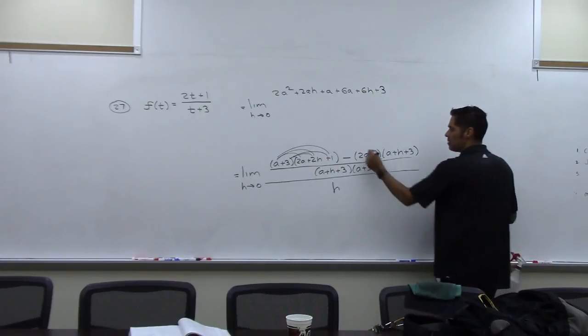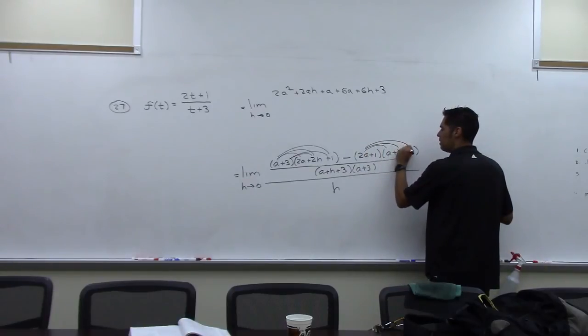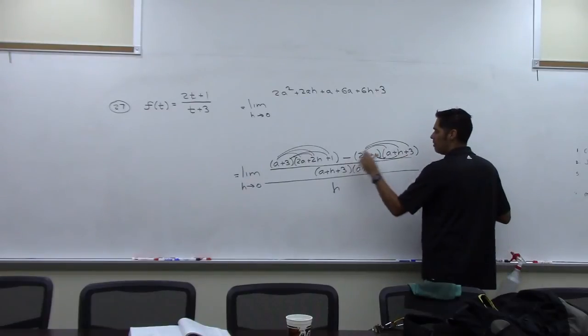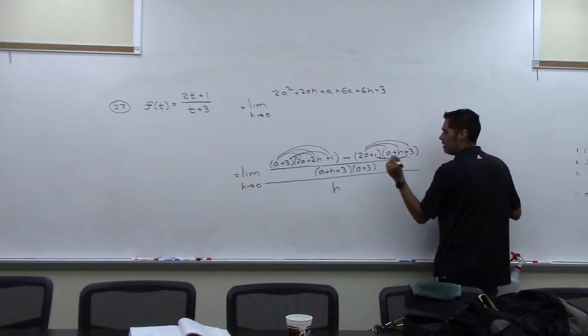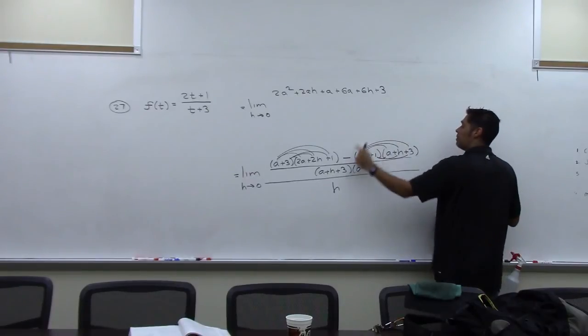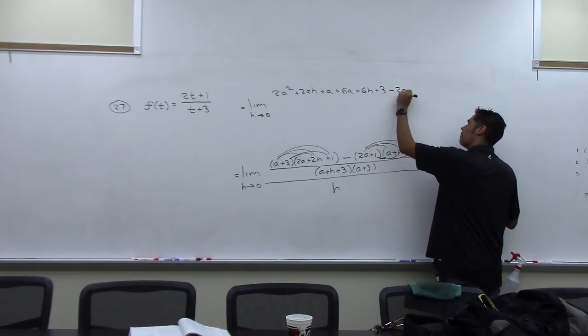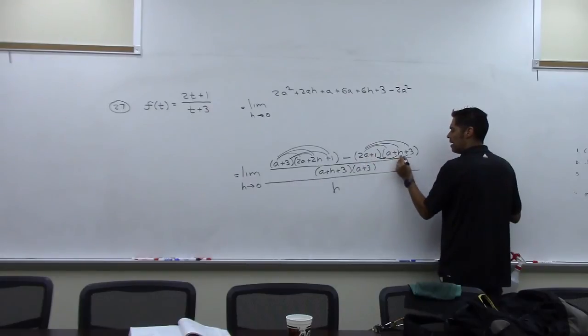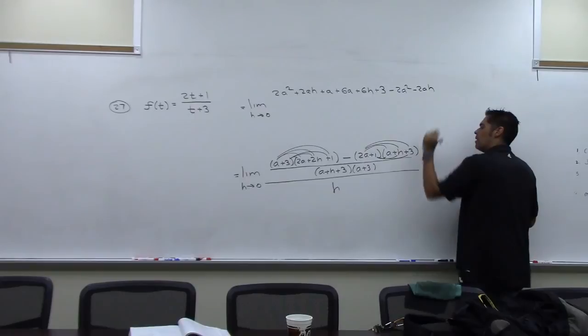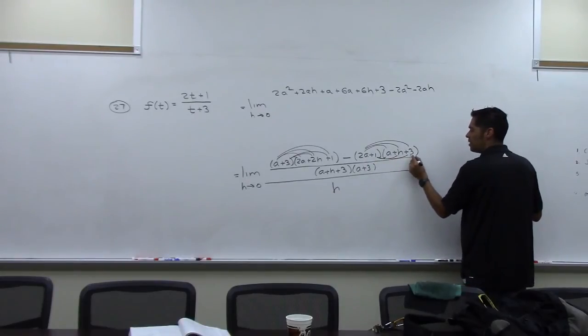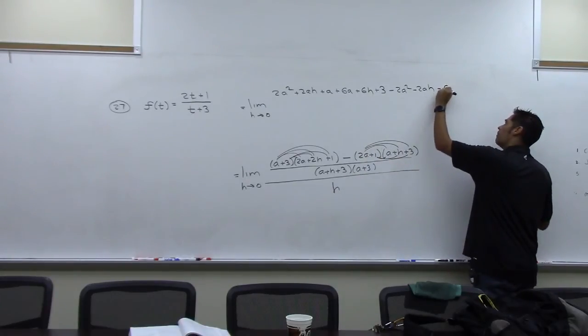Then I have to do this one. Here, here, here, here, here, here. And whatever I get, I'm going to subtract. So every single one of these, I'm going to change the signs. So 2a times a is 2a squared, but I'm subtracting it. Then 2a times h is 2ah, but I'm subtracting it. And then 2a times 3 is 6a, but I'm subtracting it.